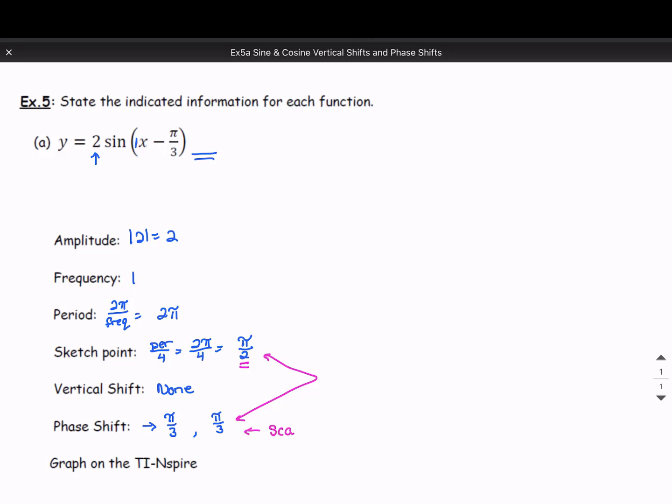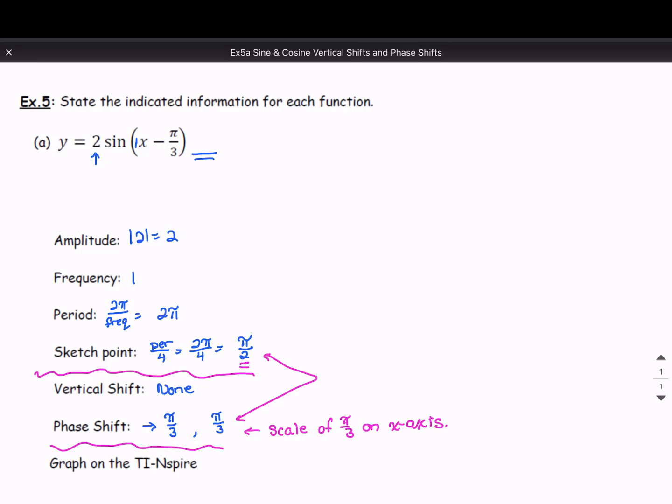So when we put this in the calculator, we're going to choose a scale of pi over 3 on the x-axis. That way, we'll know where we can shift. When we graph, we'll be able to just use the pi over 2 and how many boxes that is, but when it comes time to shift, we need to know how many boxes pi over 3 is.